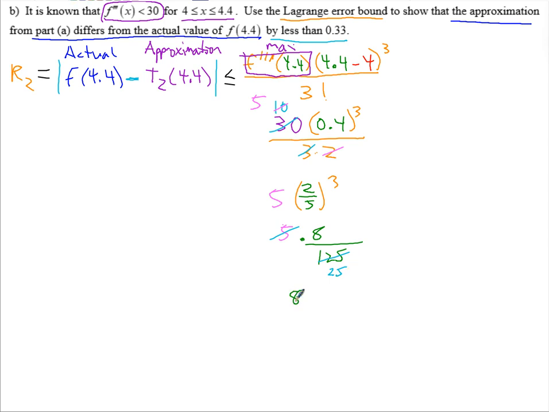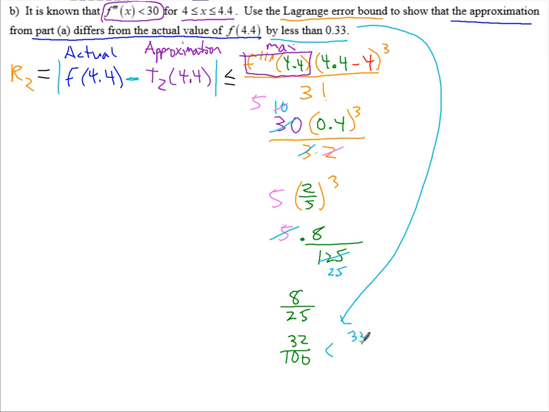And we need to show that's less than 0.33. So this is in hundredths, so we need to convert this to hundredths. So you have to multiply by 4, so that's 32 over 100, which is less than 33 over 100.